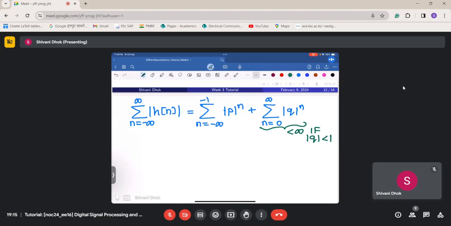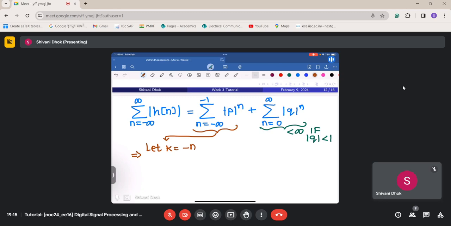And now let us look at this term only. So this term, what I'll do is let k equal to minus n.